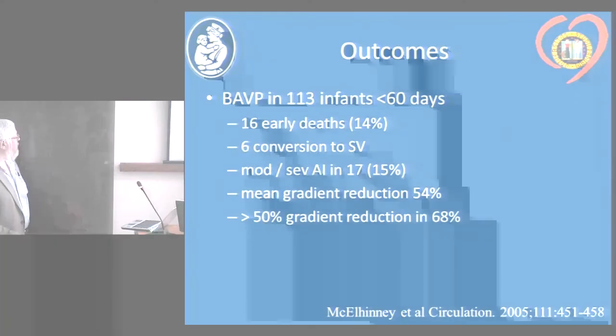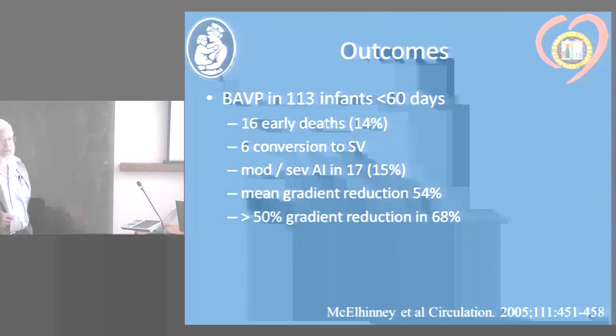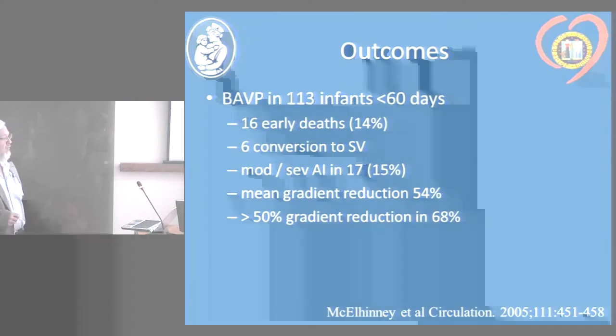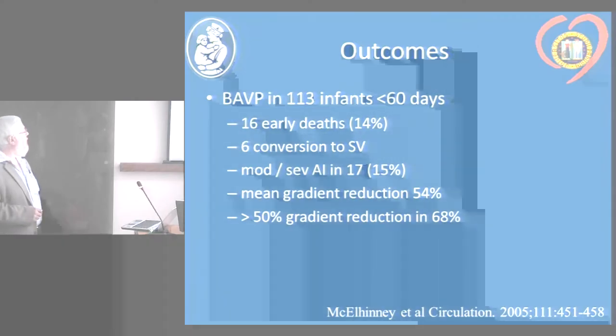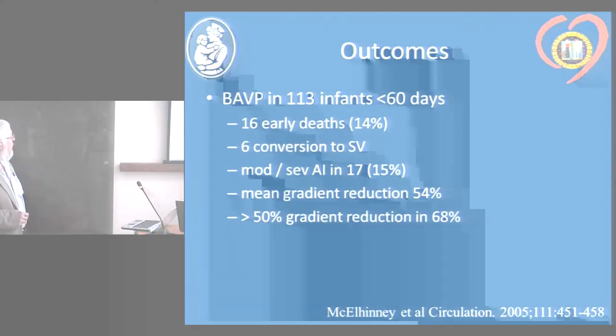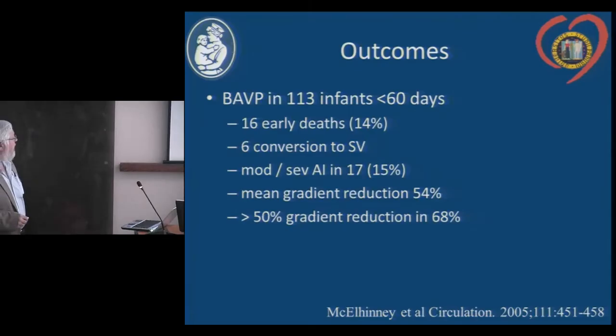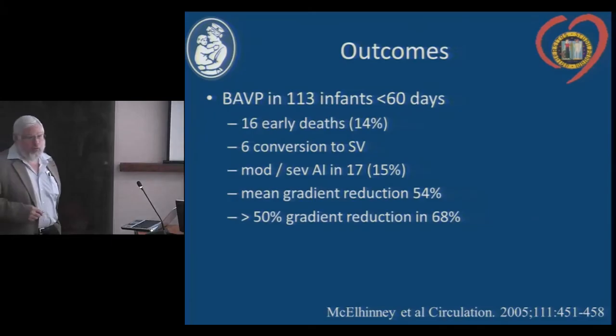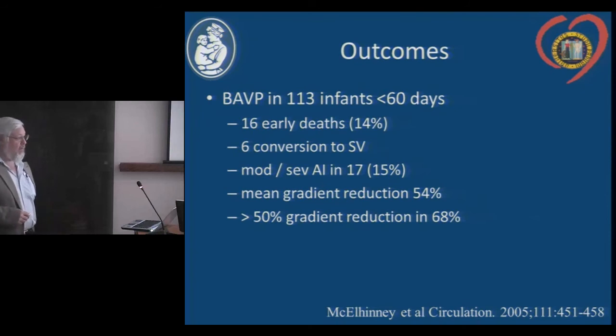One outcome study looked at a fairly large number of infants under 6 weeks of age, or even less, 60 days of age it was, with severe aortic stenosis who all underwent a balloon valvuloplasty. You can see that the mortality rate here is not insignificant. 14% of these patients died.